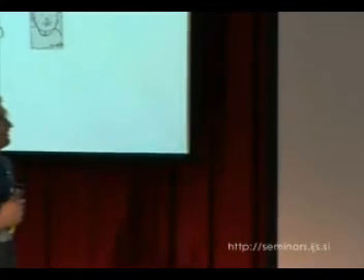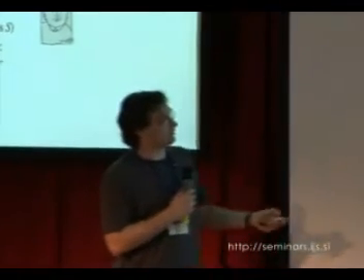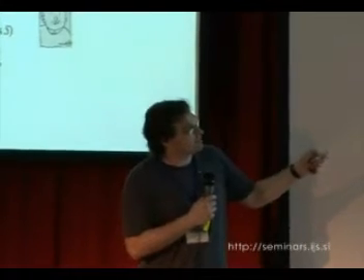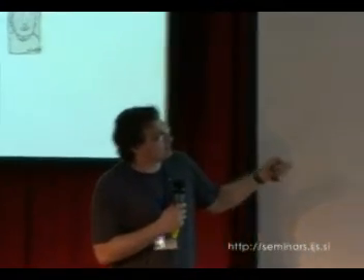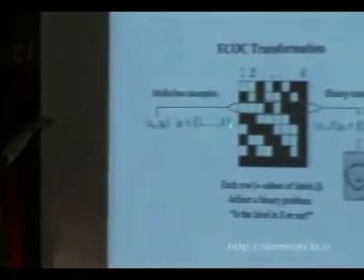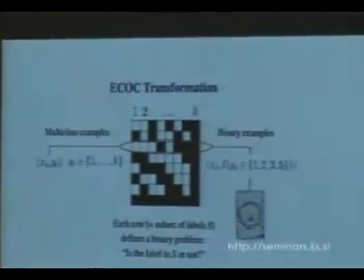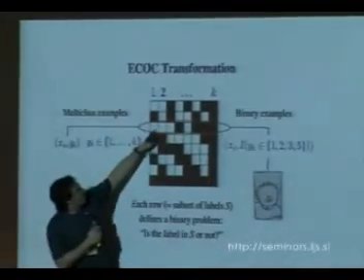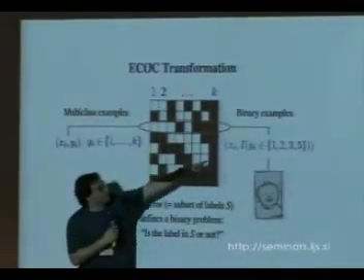And then we're going to create the binary problem, which is based on the multi-class label. Each row is going to correspond to one binary problem. And the binary problem is: is the multi-class label one of these 4 possibilities, right?